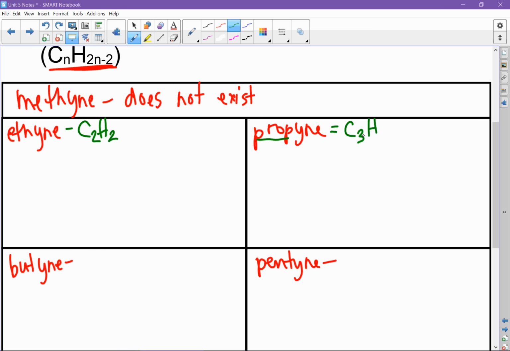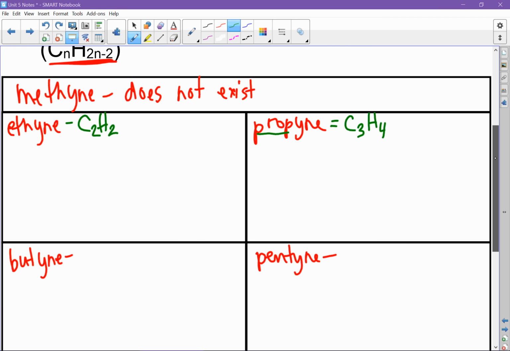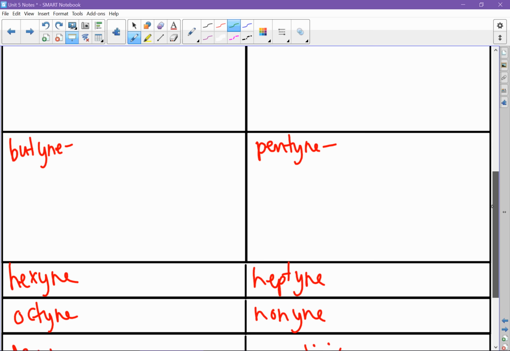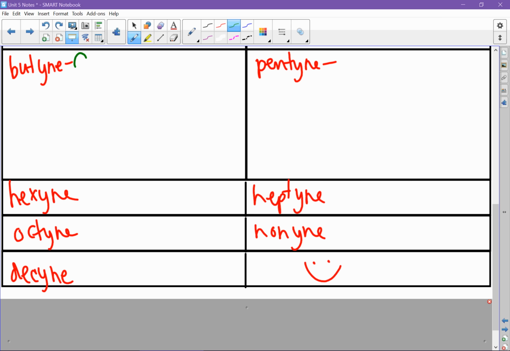H's, if I times 2 minus 2, that is C3H4. So go through, can you figure out the rest of the formulas for these? I know it's but, which means 4 carbons. For the H's, I will times 2 minus 2. Pent means 5. Times 2 minus 2 is H8.